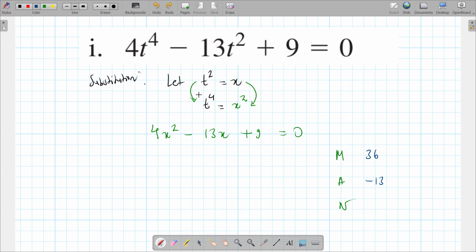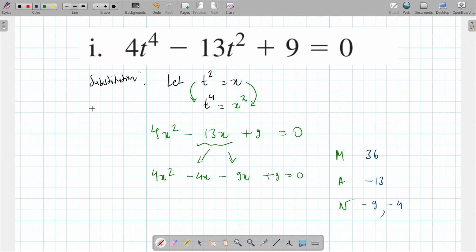And now it has to add up to negative 13: negative 9 and negative 4. Yeah, -9 and -4. So when you're doing man, you're going to turn the middle into these two numbers. The b value, -13x, becomes -4x minus 9x plus 9, like that.